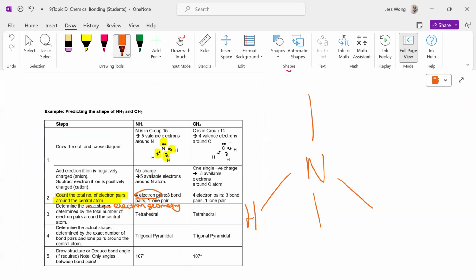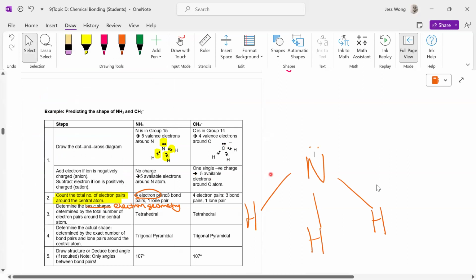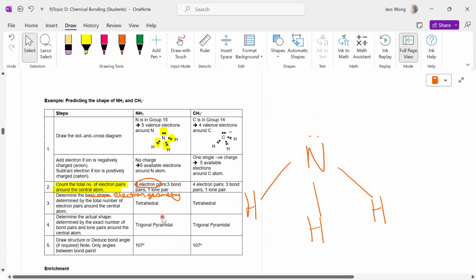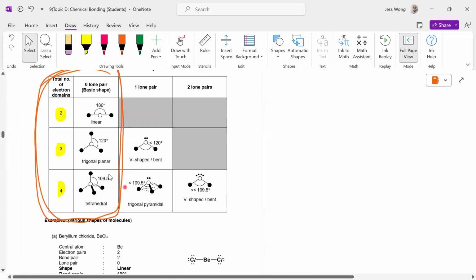This region is an H, this is an H, this is an H, and this is a lone pair. So this is the electron geometry. The electron geometry is tetrahedral, and as long as it's tetrahedral, it gives me an angle of 109.5.